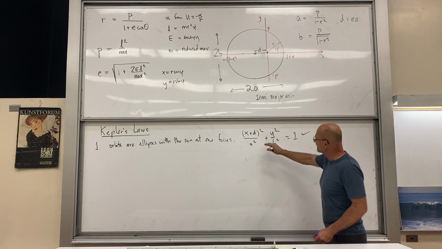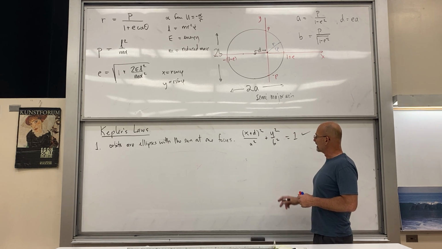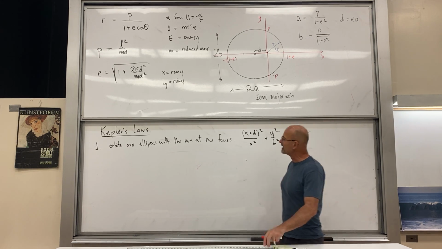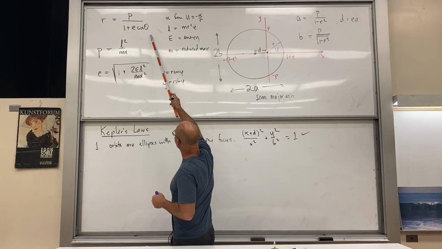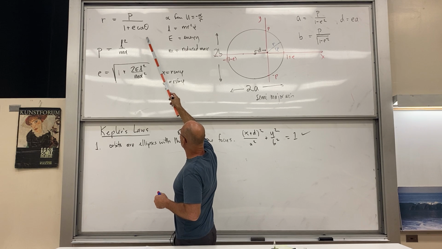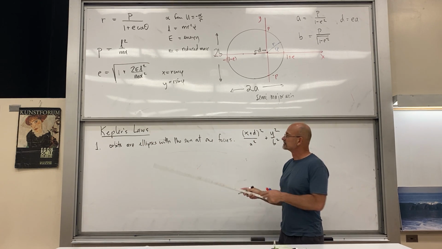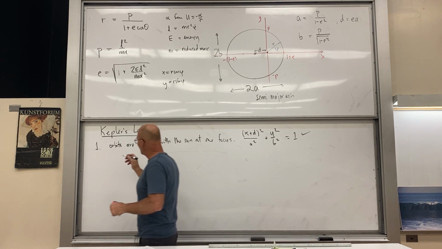Once you've demonstrated that, with a little bit of trig, then we have Kepler's first law. And we could extend it if we know about the hyperbolas and parabolas that are implicit in here as well, but we'll leave it at the ellipses, okay? Good. So what about the second law?